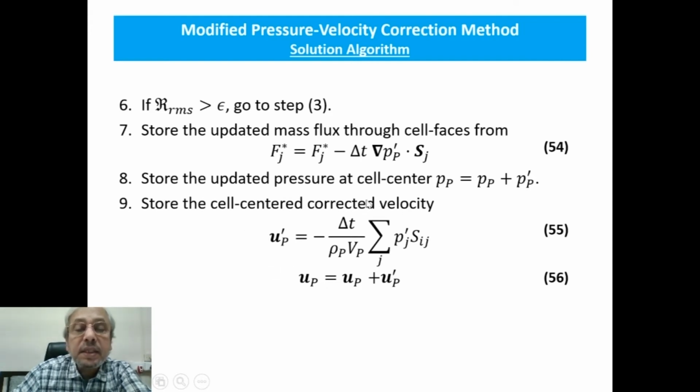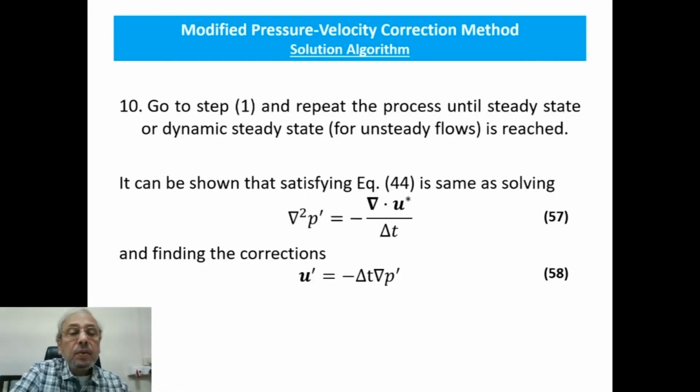The cell-centered corrected velocity is this, and then you update the velocity by this velocity correction. Next, go to step 1 and repeat the process until steady state or dynamic steady state is reached.